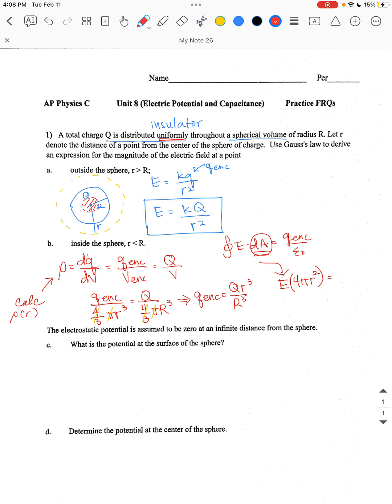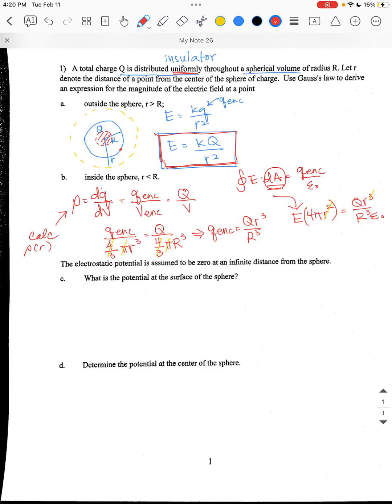And then on the right side, I'm plugging in my Q enclosed, and then I can't forget my epsilon naught. And then your electric field is going to be QR over the 4 pi epsilon naught, which is K. So I'm going to bring that out in front. 1 over 4 pi epsilon naught is K.